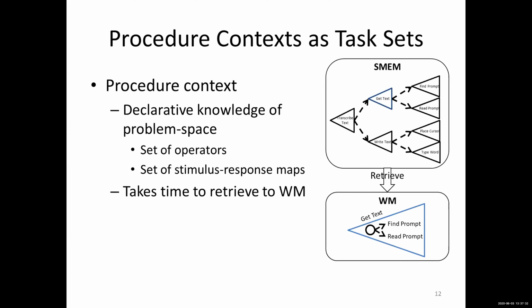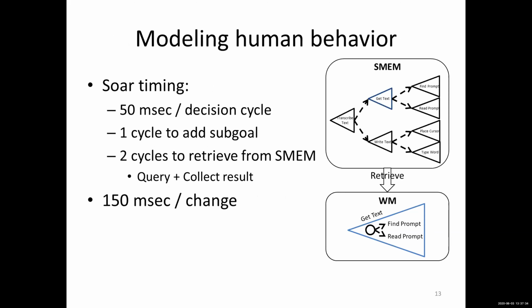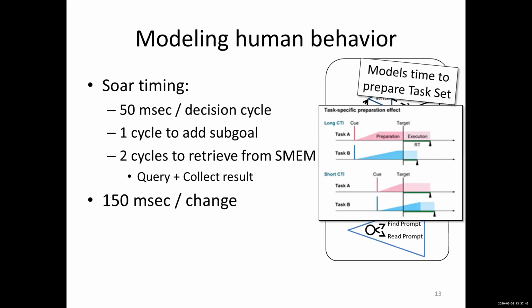And it takes time to retrieve these into working memory. Like I talked before about the timing method of 50 milliseconds a decision cycle, and 150 milliseconds total to do one of these changes. This sounds pretty similar to what's described as needing time to switch from one task to another. So this also is a plausible way of looking at task sets.